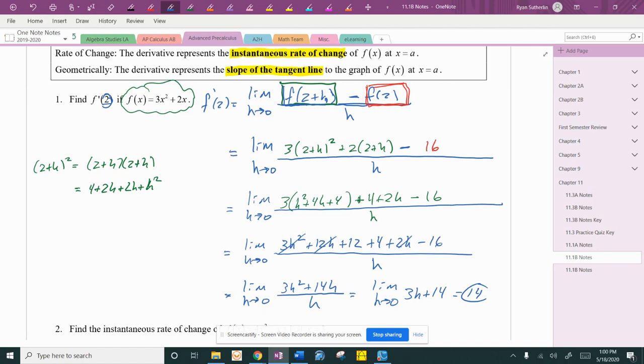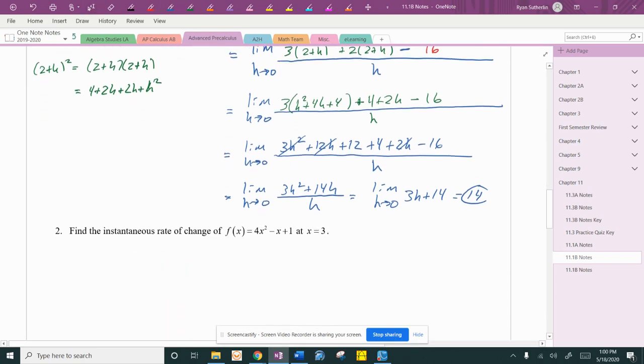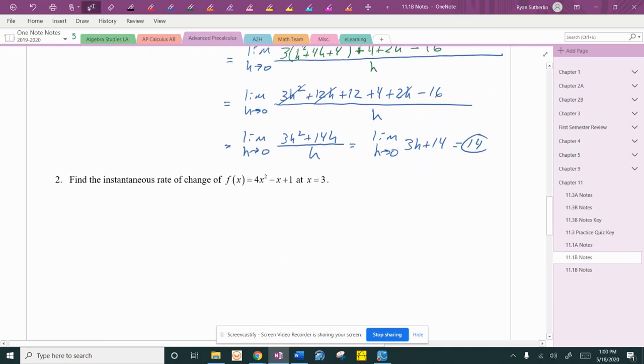So what I would like you to do now is try problems 2, 3, and 4. You will put your answers into Google Classroom and upload your work so I can kind of see where you're at with this. And then you'll have some problems with Delta Math. But just to give you a preview here, number 2 says find the instantaneous rate of change of f of x at x equals 3.